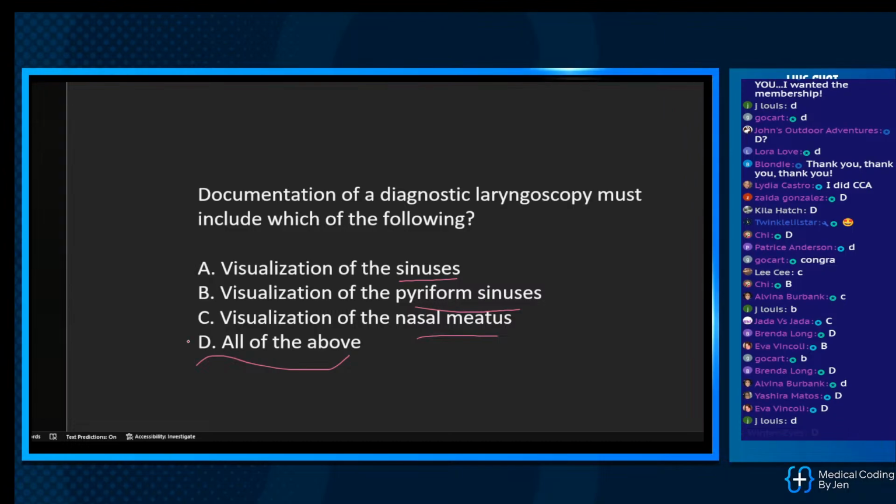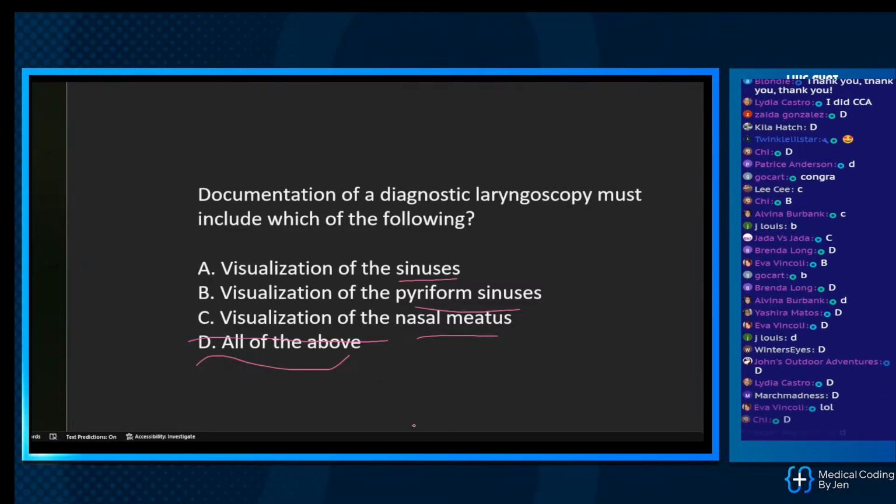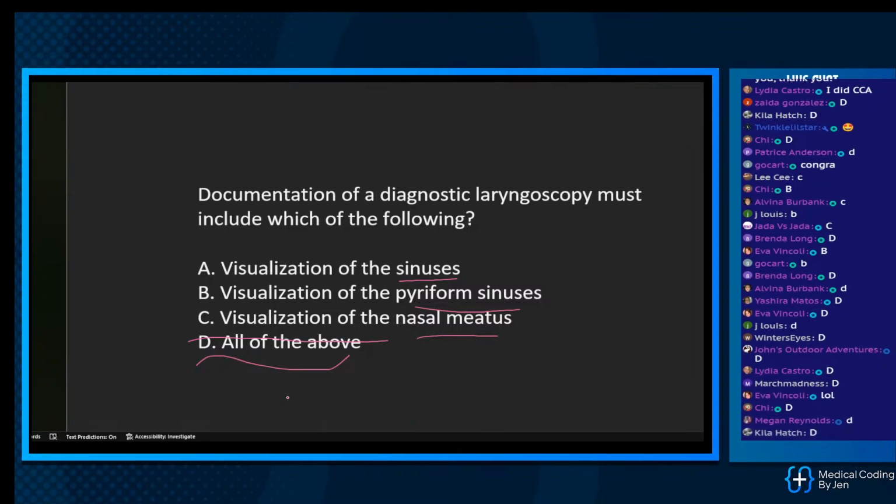D isn't their popular answer this time. It's usually their answer, but unfortunately not this time. They're going to make it difficult on you.